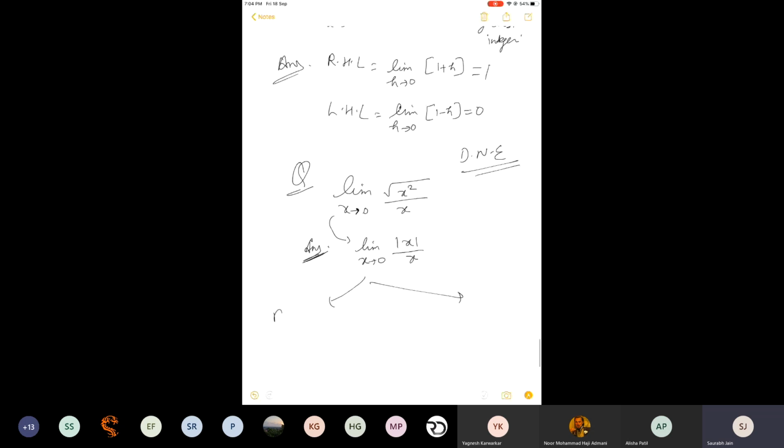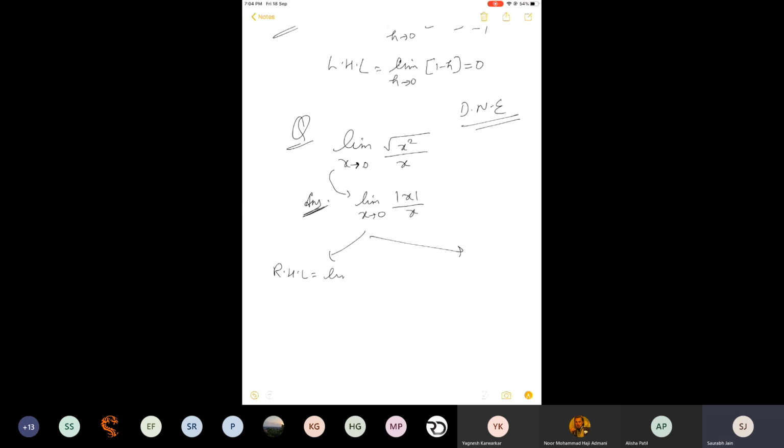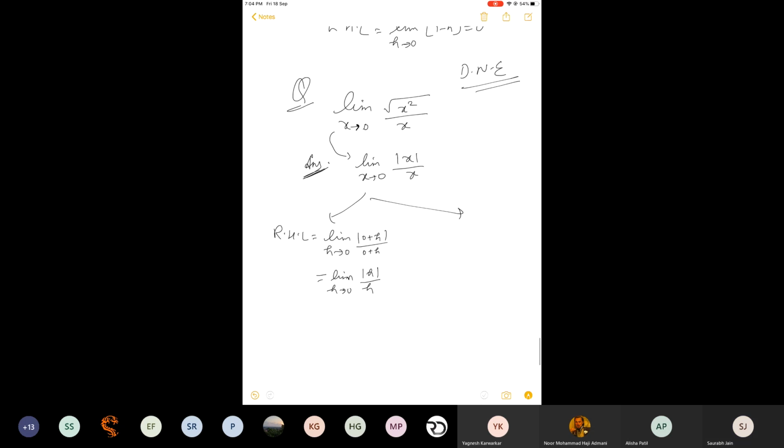So RHL is limit h tending to 0. In place of x, you will put a plus h. A is 0 here. Limit h tending to 0 of mod h by h. Tell me what is mod h. What will you write in place of mod h? Suppose I want to remove mod h. What should I write in the numerator?